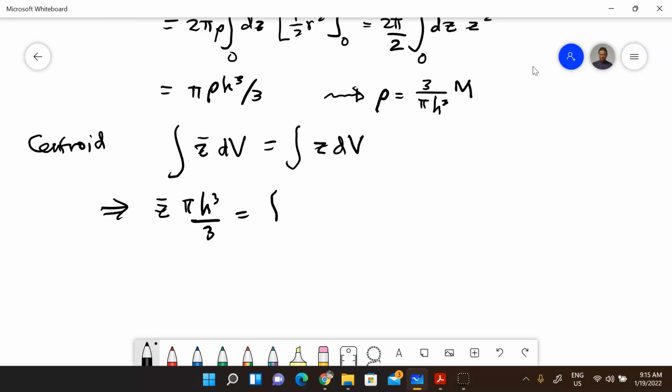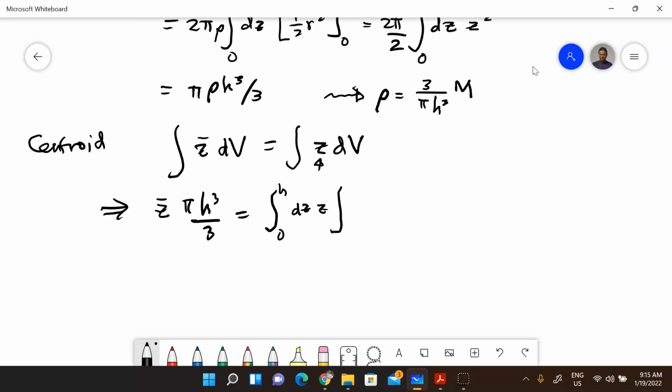So this is dz going from 0 to h, and r going from 0 to z. Only the z appears from there, so that gives you z here.